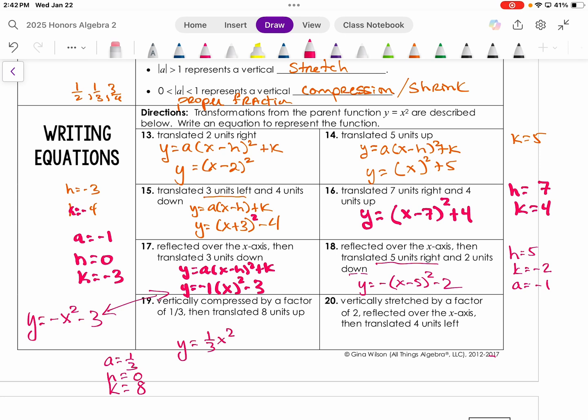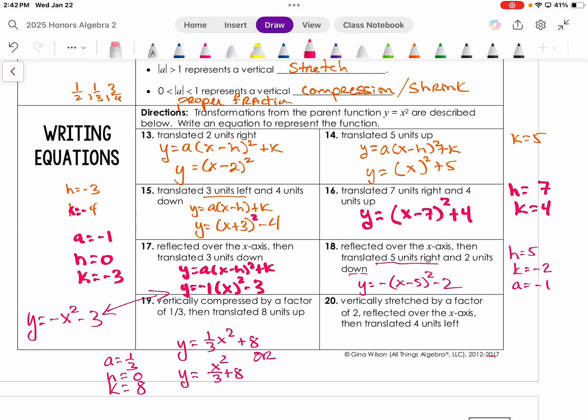I don't want any number inside with the x. And then I have plus 8. I'm thinking Big Ideas would take this as an answer. You can do either one of those two. I would go with the 1/3 as a fraction is what I would do.